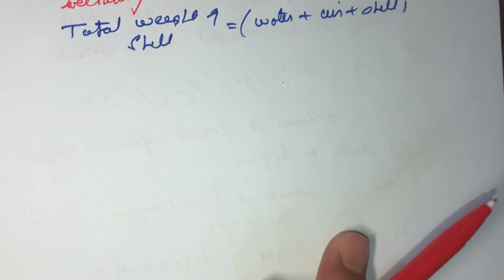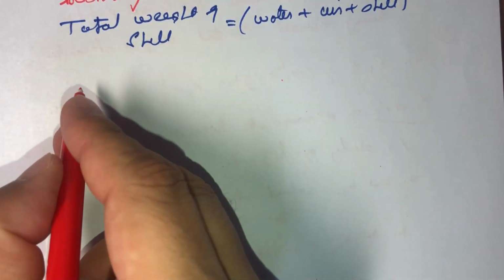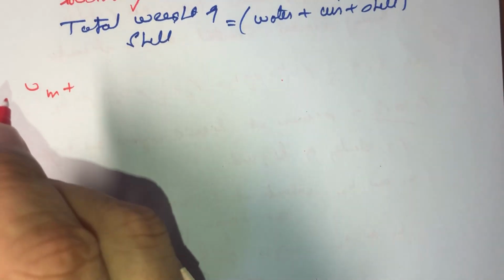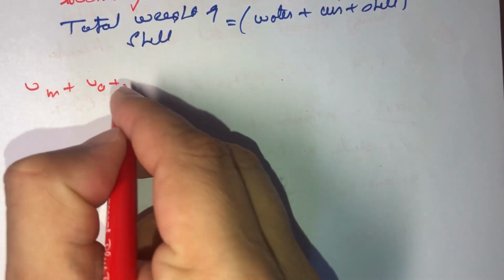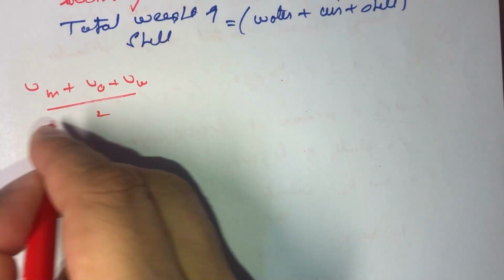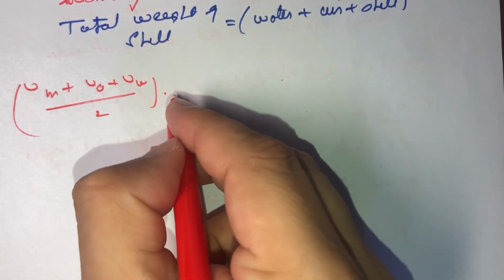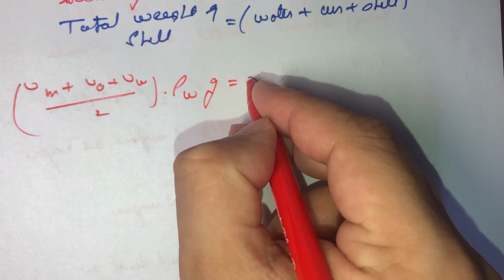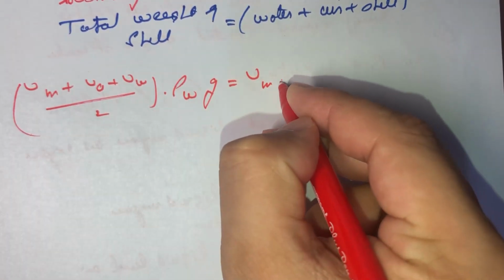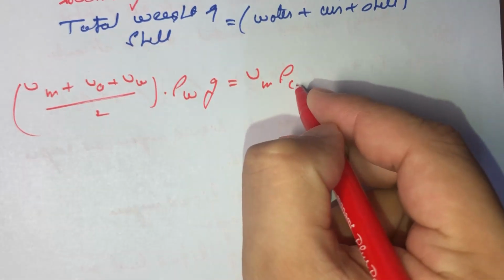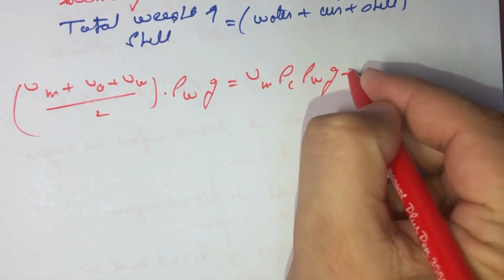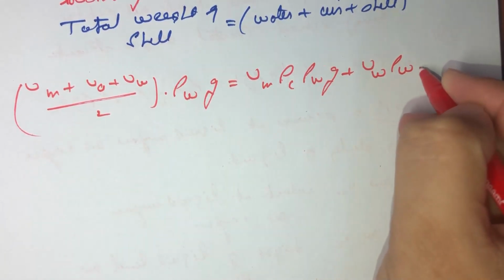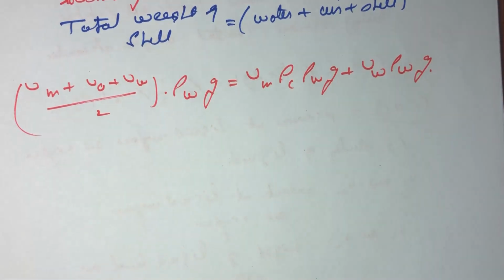So we can write an equation: (Vm plus Va plus Vw) divided by 2, times the density of water and g, equals Vm rho C plus Vw rho W, multiplied by g.